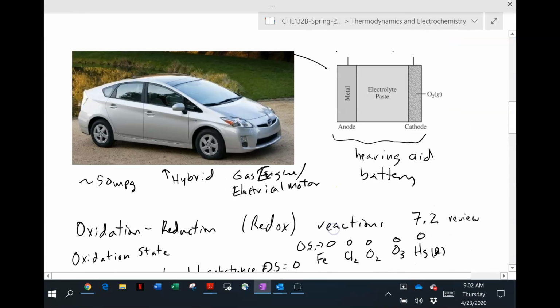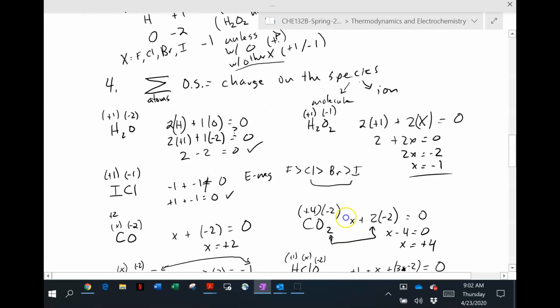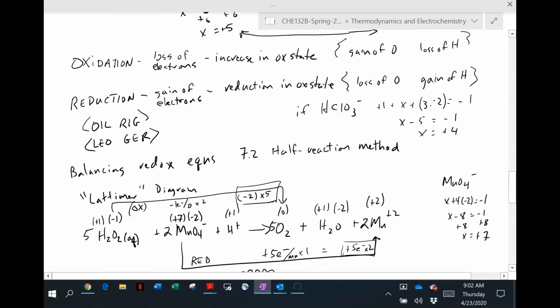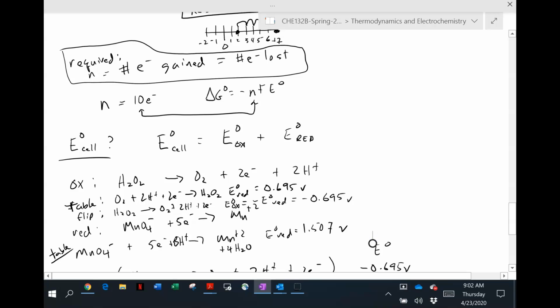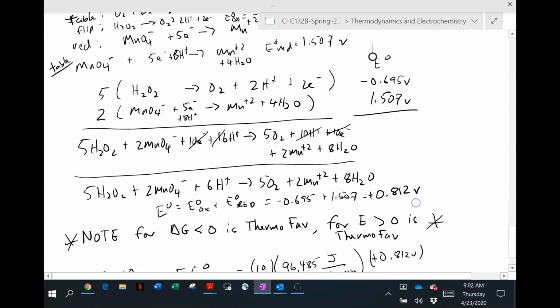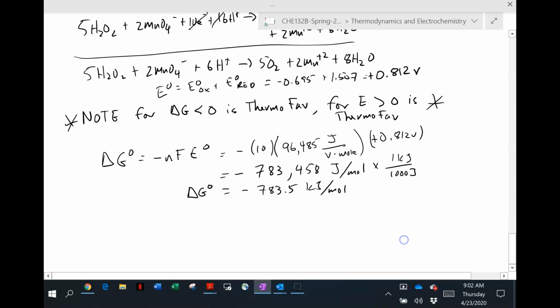You've got to be able to do oxidation states, figure out the more complicated oxidation states, identify oxidation and reduction processes in a reaction, and then balance that reaction and calculate the standard cell potential, E0 cell, from the half reaction values that are tabulated, and then convert that to delta G for a reaction. So you've got a number of things that you can do at this point, and we'll tackle more stuff in the next video.